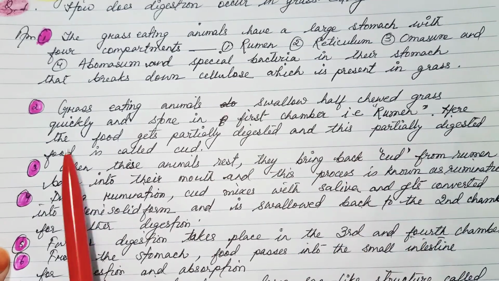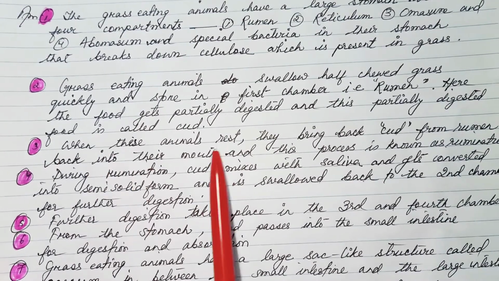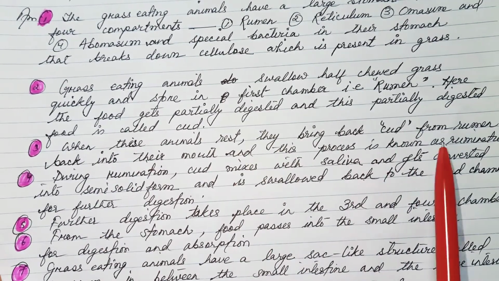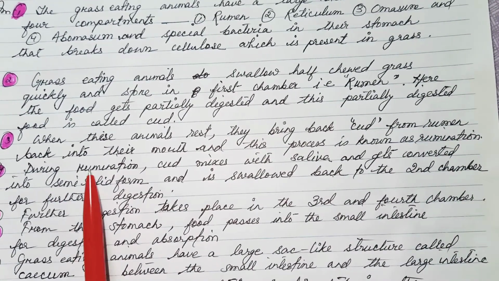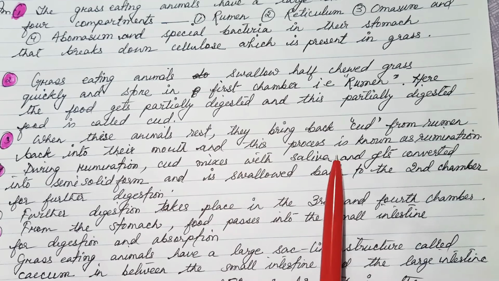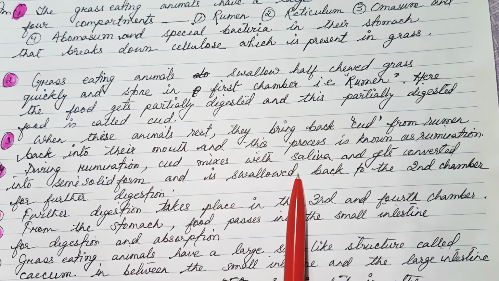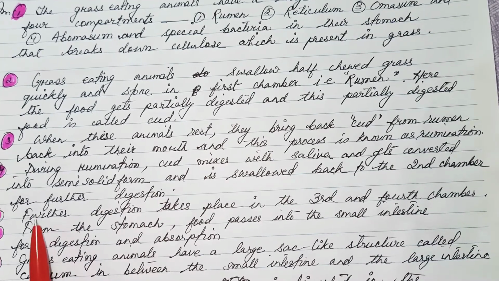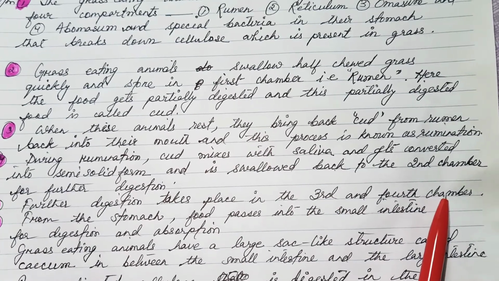and this partially digested food is called cud. Then third point: when these animals rest, they bring back cud from the rumen into their mouth, and this process is known as rumination. During rumination, cud mixes with saliva and gets converted into semi-solid form and is swallowed back to the second chamber for further digestion. Fifth, further digestion takes place in the third and the fourth chamber.